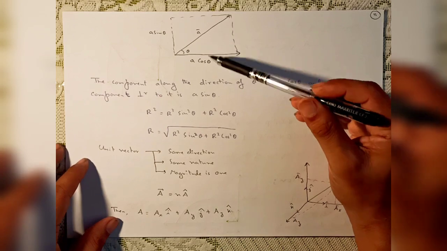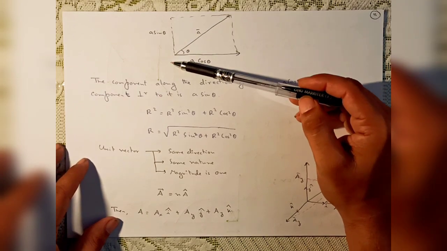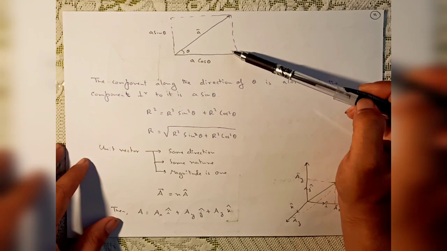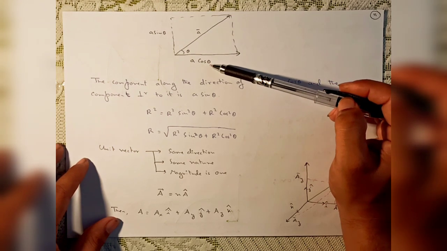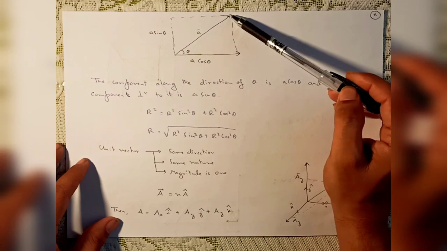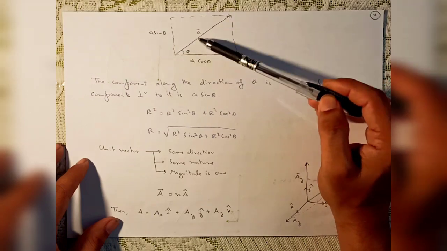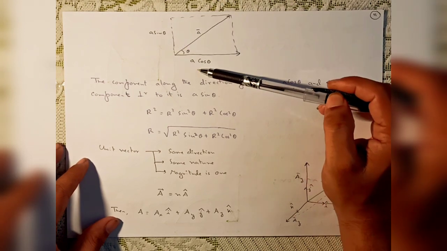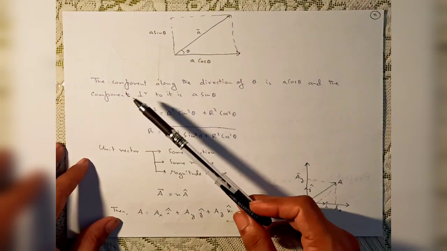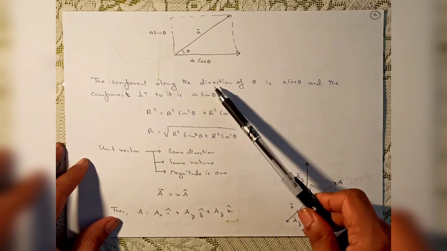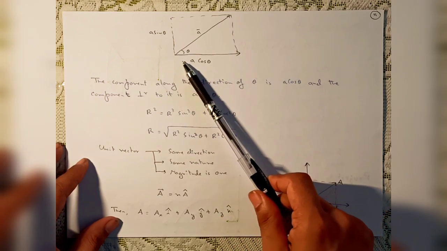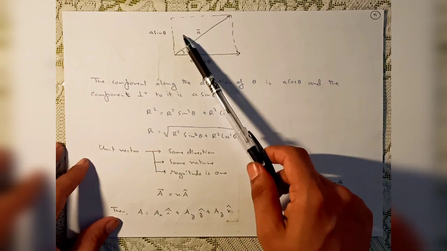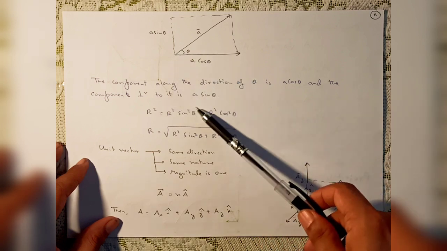So out here we see that the y component is taken as sin theta and the x component is taken as cos theta, where this is going to be the resultant A, whose sum is nothing but this plus this. Okay, so out here the component along the direction of theta is A cos theta, and the component perpendicular to it is A sin theta.